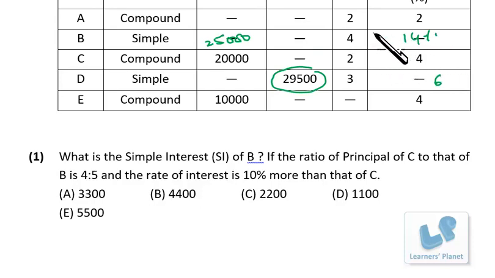So 14% for 4 years, right? That means in all it is 56%. Okay, so since we just have to find out the simple interest, what we can do is we can find out the 56% of this. So precisely that will be 250 into 56. So that comes to 14,000 rupees.